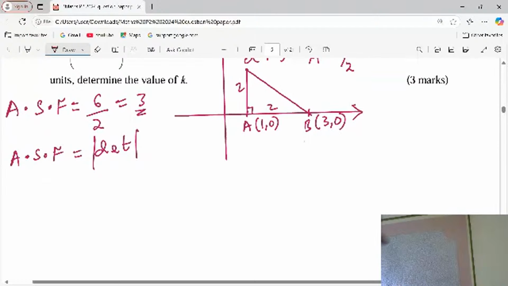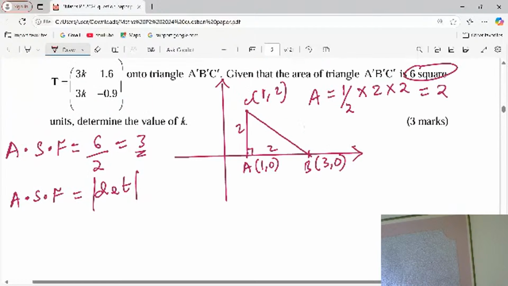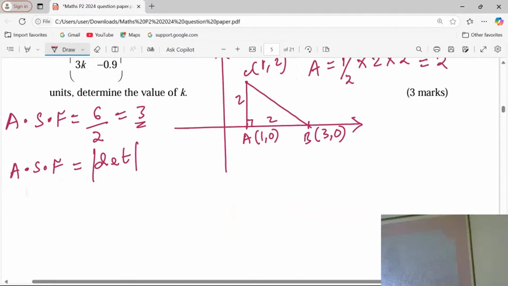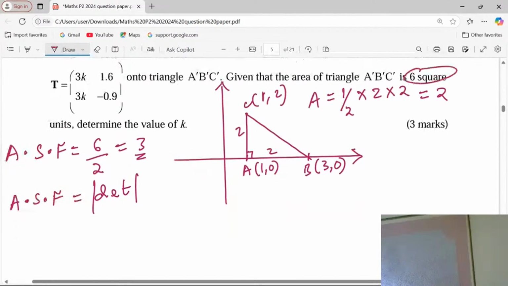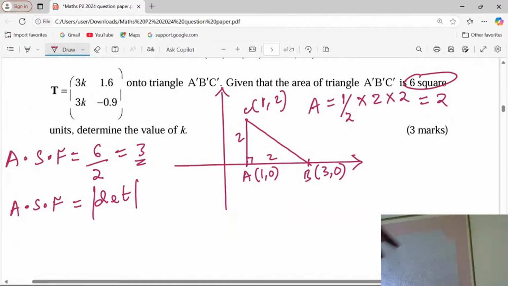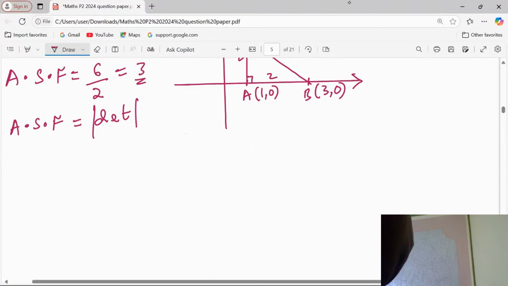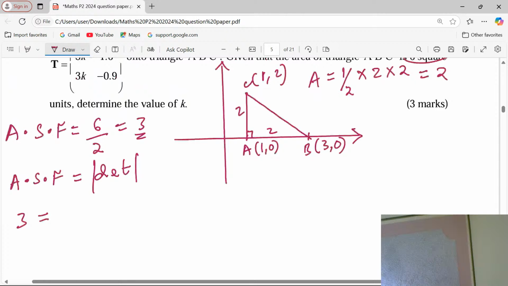So we have the area scale factor as 3, but we don't have the determinant. What we have is the matrix, but with the element k. That means the determinant equals 3.